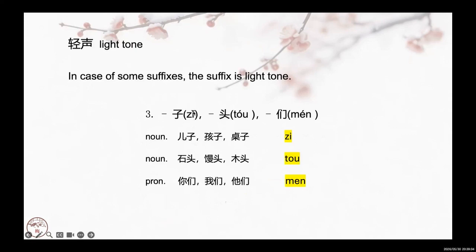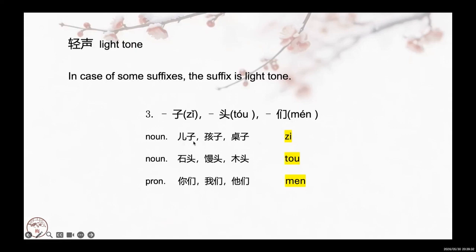For 子, it's the third tone. For 头, it's the second tone. For 门, it's the second tone. But when they come with other Chinese characters as the suffix, we usually say it in the lighter tone. We remove the tone mark and we say it in a lighter way.